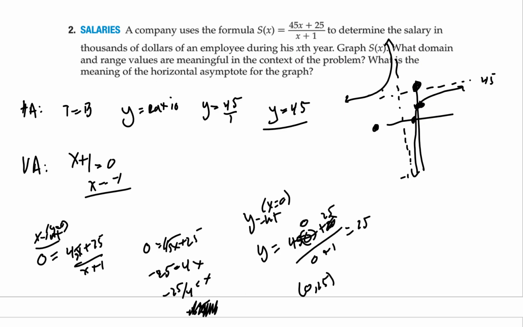Let's go over a couple things they asked. What domain and range values are meaningful in the context of the problem? Now, again, we're talking about salary. X here is years, and S is salary. It's my y value, my y-intercept. So which domain values are meaningful in the context of the problem? Well, you can't have negative years, so 0 to infinity.